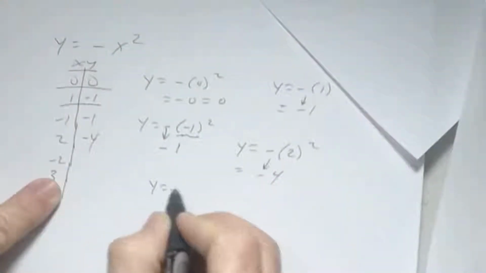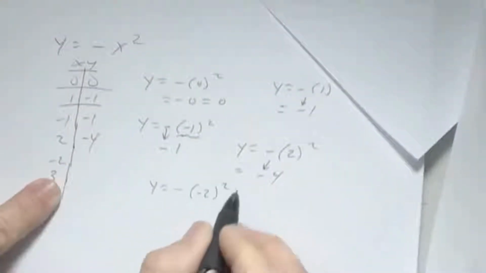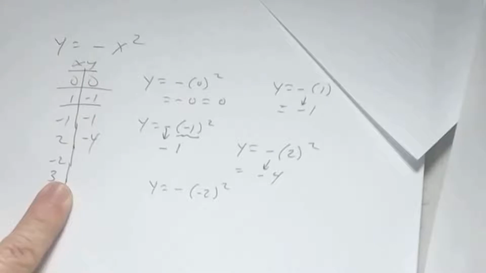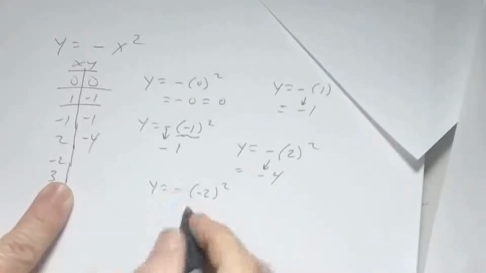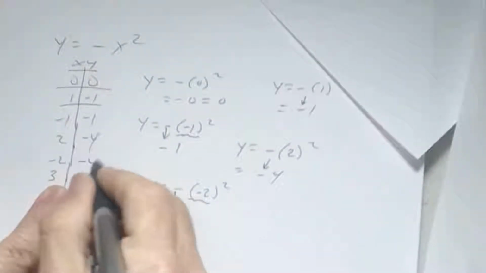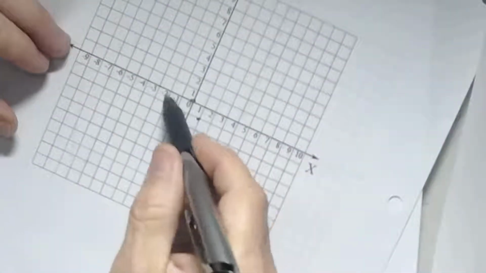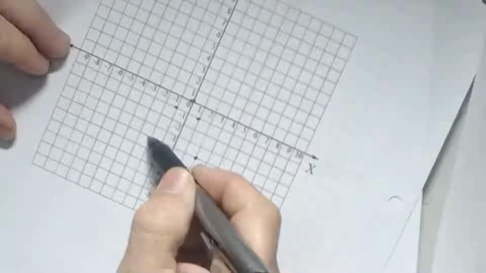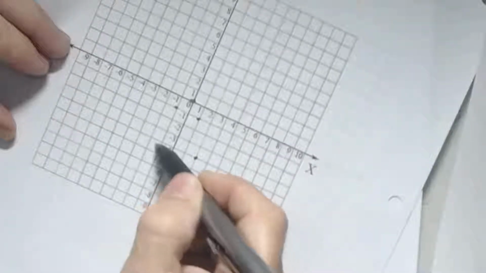When x is negative 2, I get y equals the opposite of negative 2 squared, because x is negative 2, x is being squared. So what's negative 2 squared? 4. So this becomes a negative 4. So again, if you're doing this correctly, it should be symmetric. You should see some symmetry. So negative 2, negative 4 is right here.